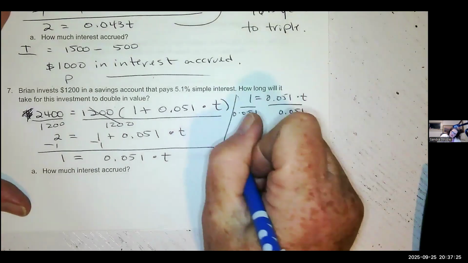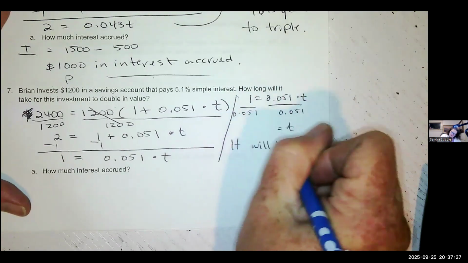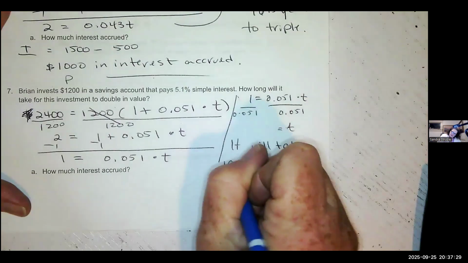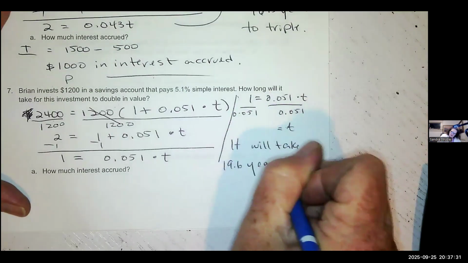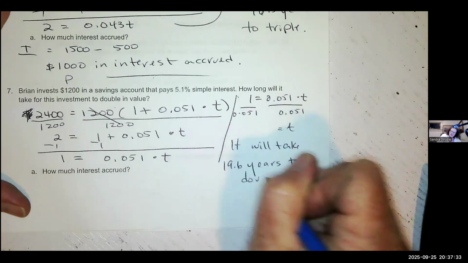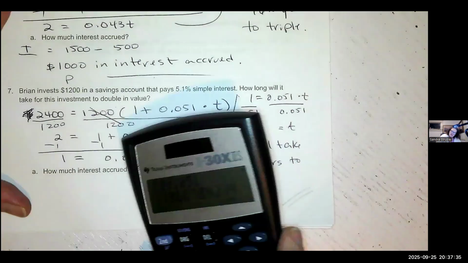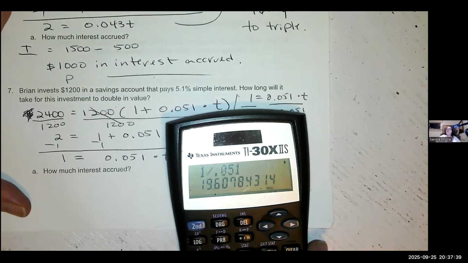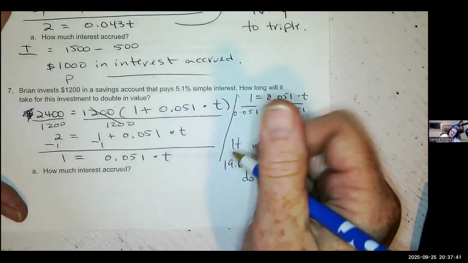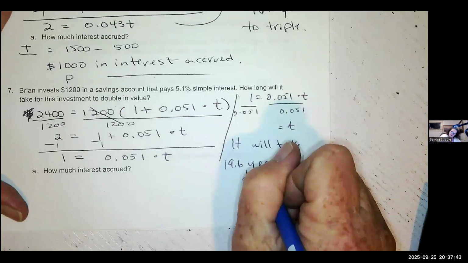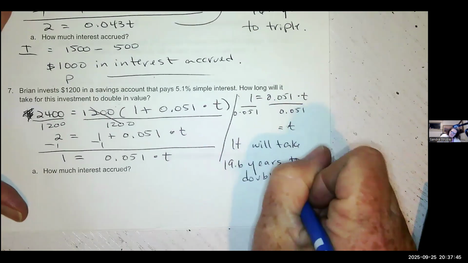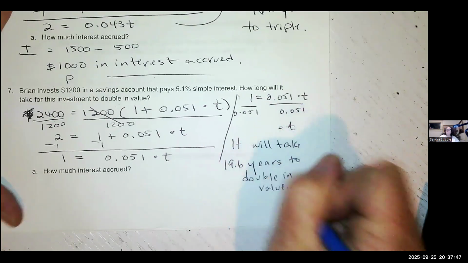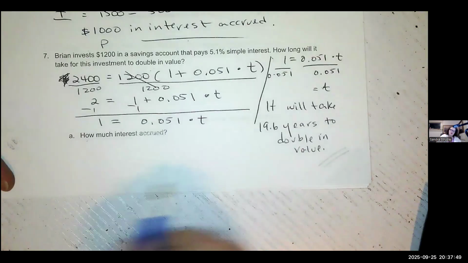So it will take 19.6 years to double in value. Actually, it should be 19.7, shouldn't it? Because it was actually more than 0.6. Say 20. I'm perfectly fine with that, y'all. To double in value. Per year, right? And then how much interest accrued?